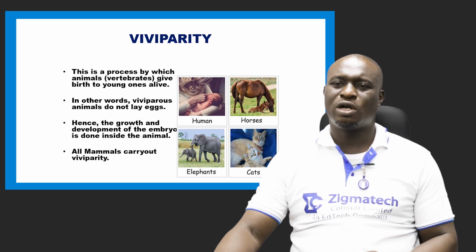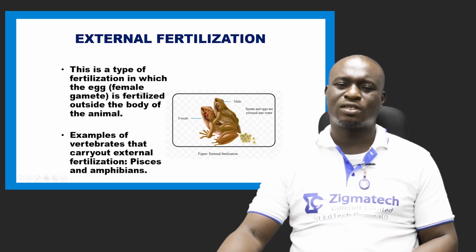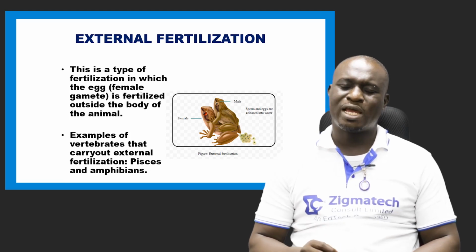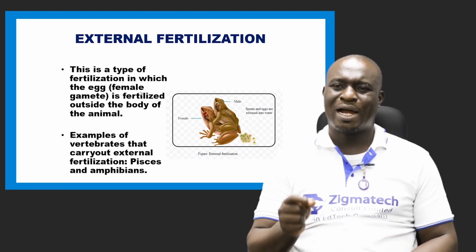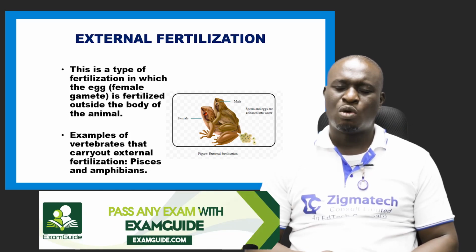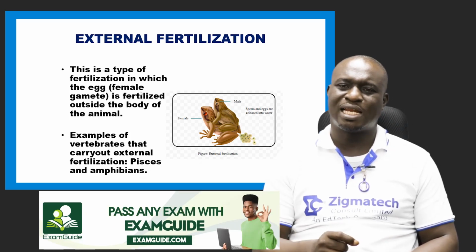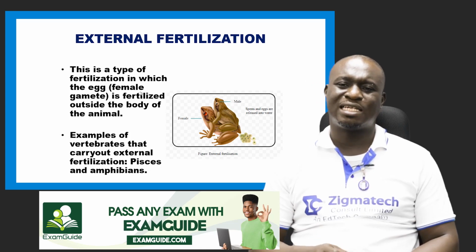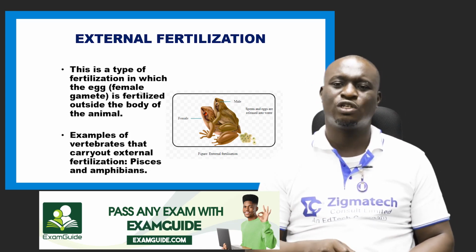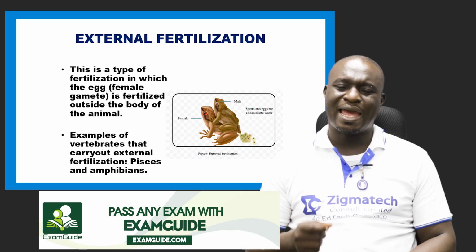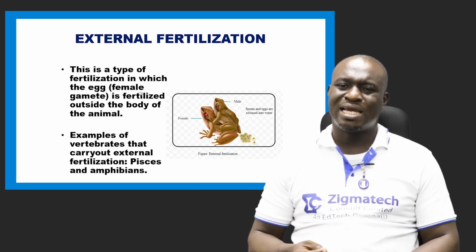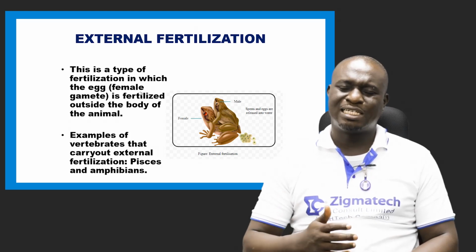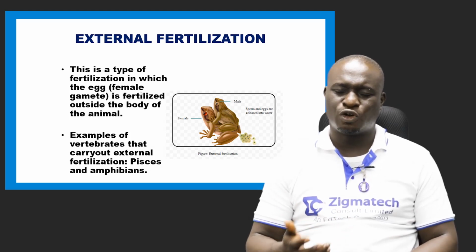Another important term is external fertilization. In sexual reproduction, we have two types of fertilization: external fertilization and internal fertilization. External fertilization is a type of fertilization in which the eggs from the female are fertilized outside the body of the female, or parent organism.